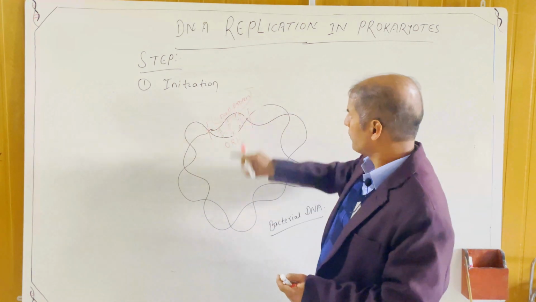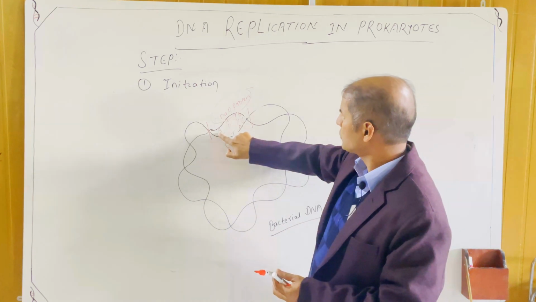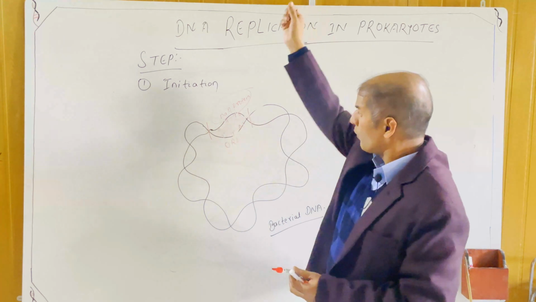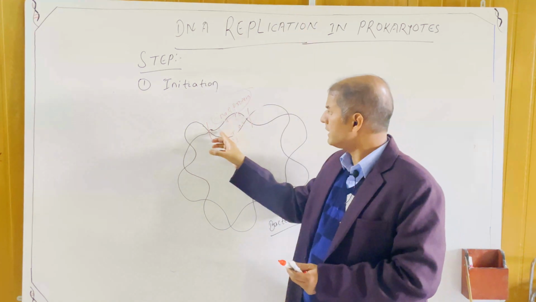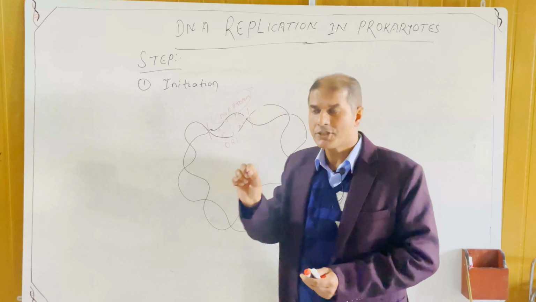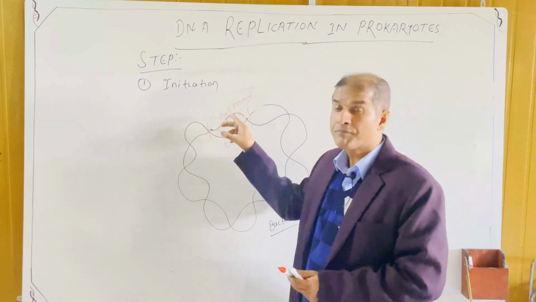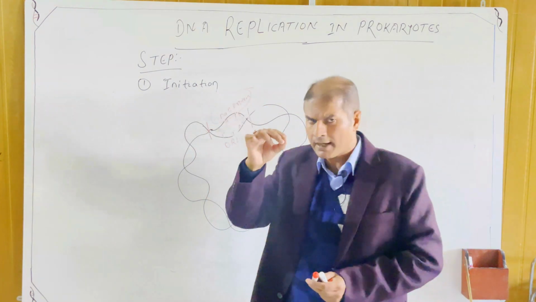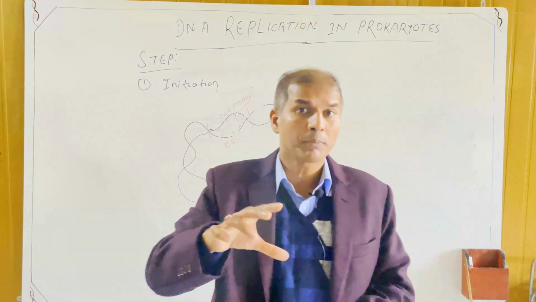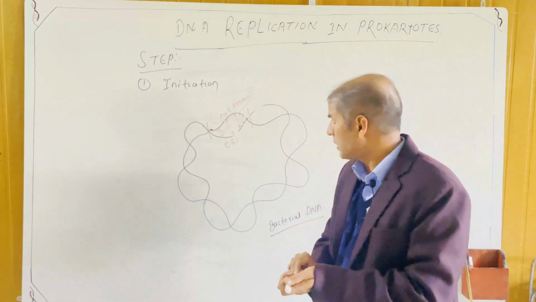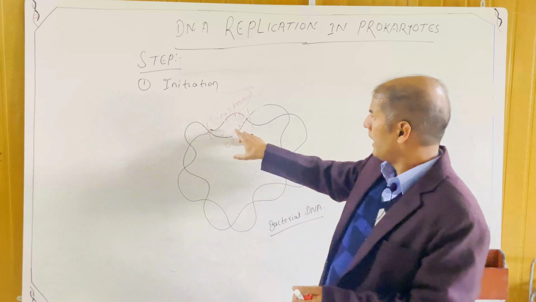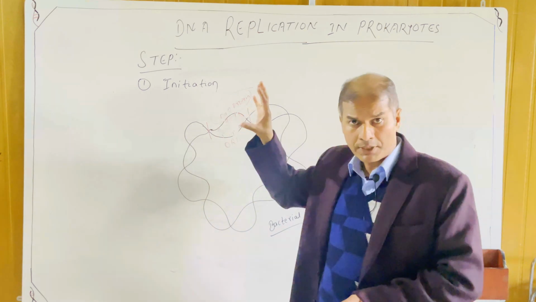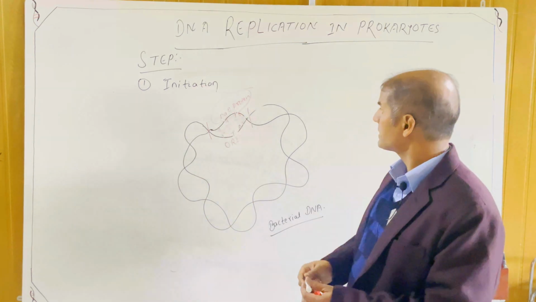Once hydrogen bonds between A and T are broken down by the help of DnaA protein, this portion will slightly expand, and that is called replication bubble.